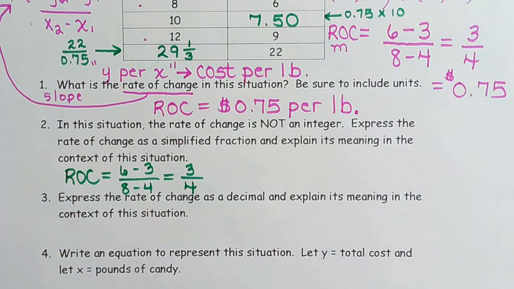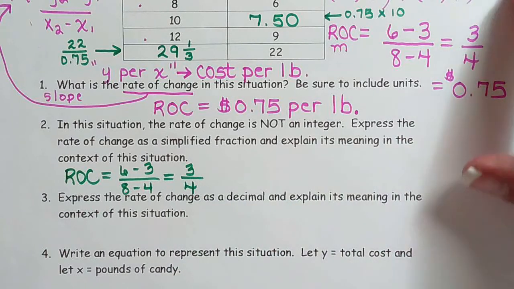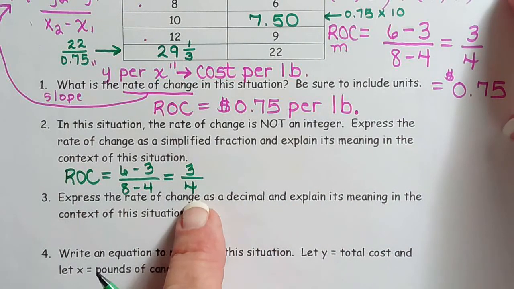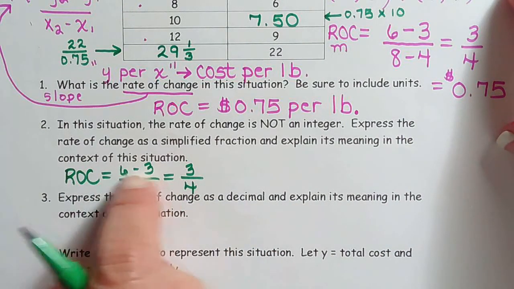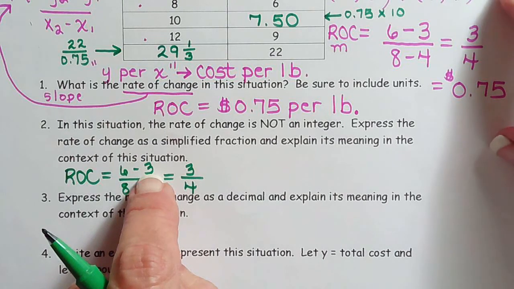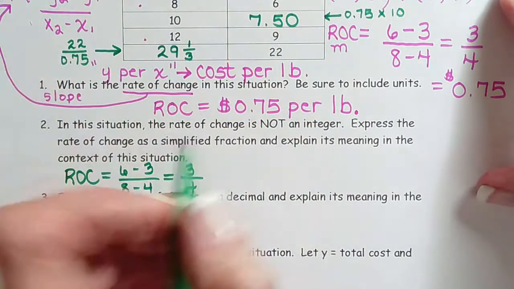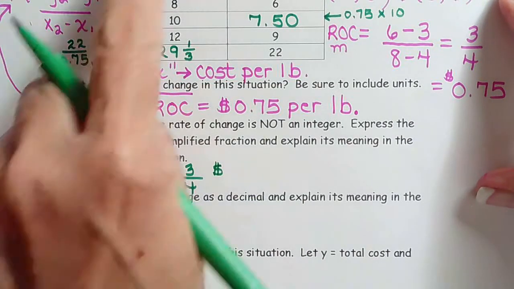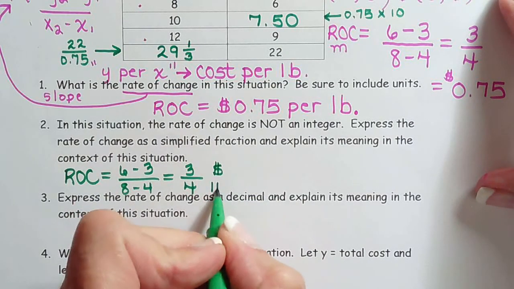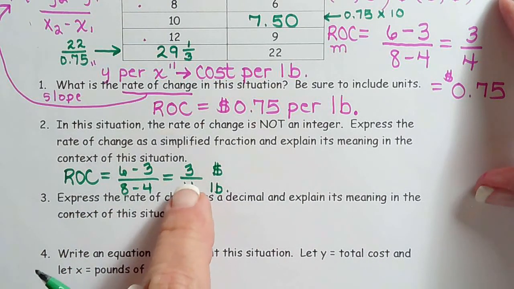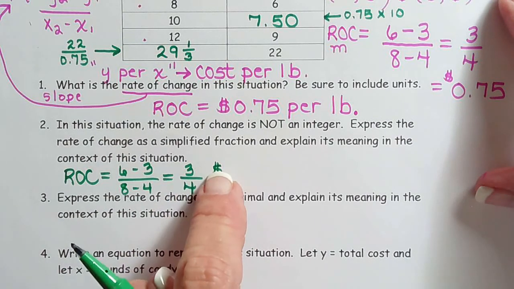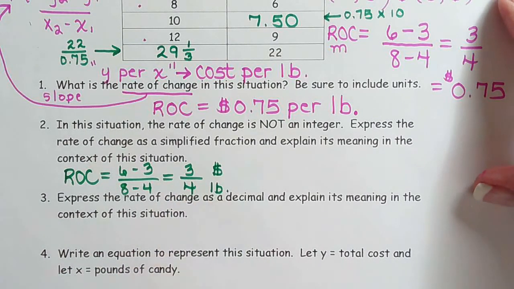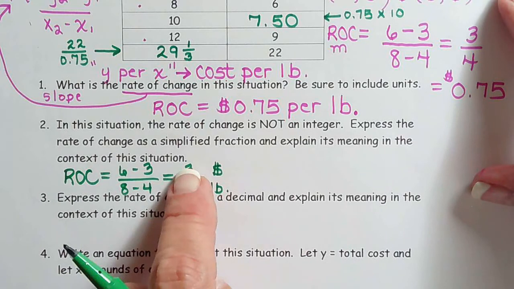So the meaning, if we were going to leave it as a fraction, remember how these are the y's? So the y's are dollars, and these are the x's, pounds. So that means $3 will buy you 4 pounds of candy, or 4 pounds of candy costs $3.